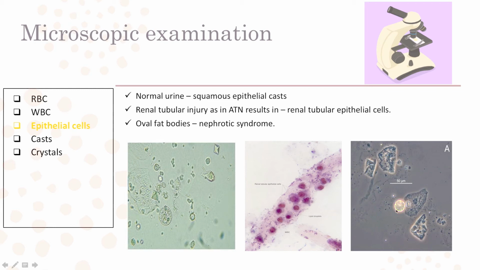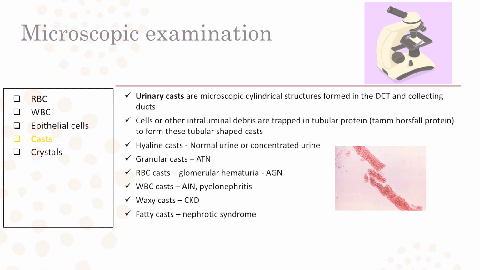Similarly, if we are finding oval fat bodies like this, cells which are laden with fat, basically they are the cells of the proximal convoluted tubule. So such fatty cells are found in nephrotic syndrome. So epithelial cells also tell us about the disease of the kidney. The next is casts.